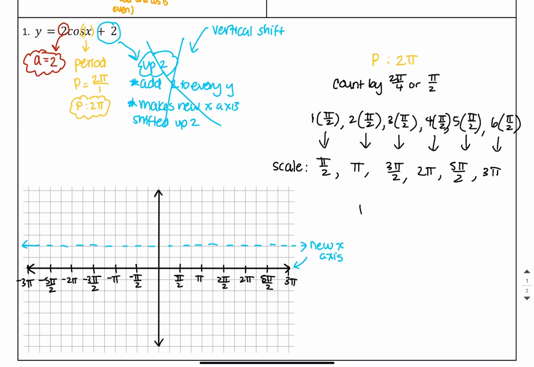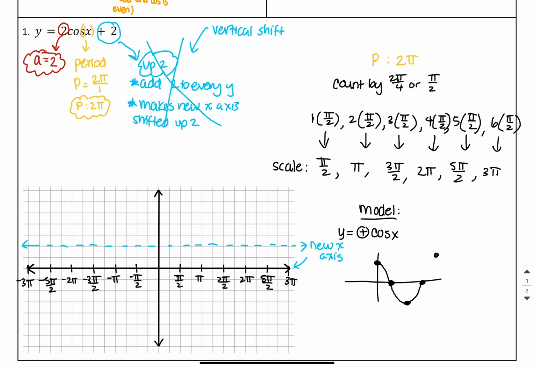Then the next thing I'm going to do is look at my model for positive cosine of x. I'm going to draw this. I'm going to start at my maximum, go down to my middle, then down to the minimum, then up to the middle, then back up to the maximum.